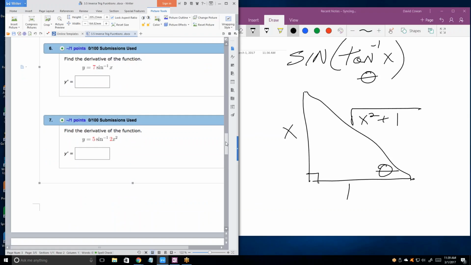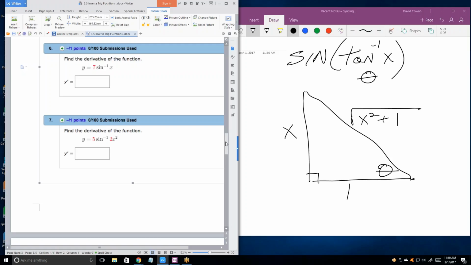And it's correct. I find it a bit surprising that they didn't give you any negative arguments for any of the inverse trig functions. I know, it might be coming because this is our first. Those are harder because then you have to determine what quadrant theta is in. In other words, every problem we've done so far, theta is a first quadrant angle, because the argument of the inverse trig function is positive.